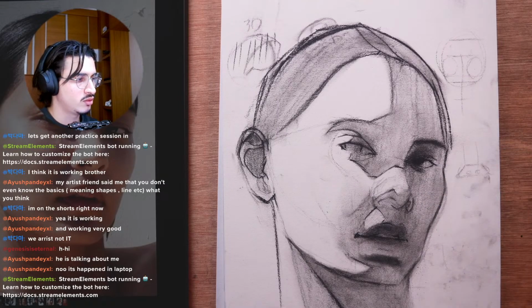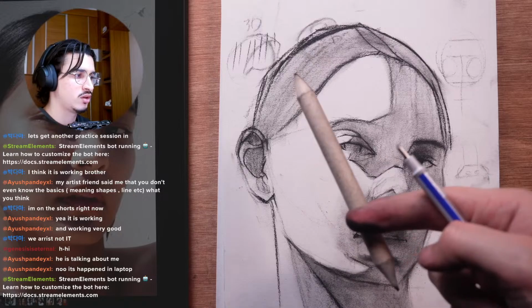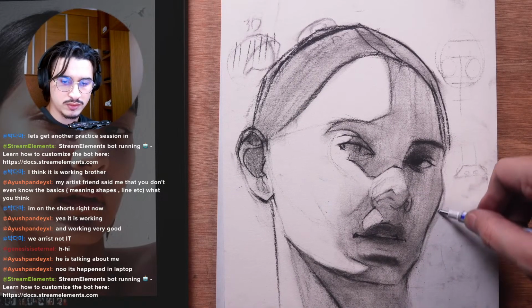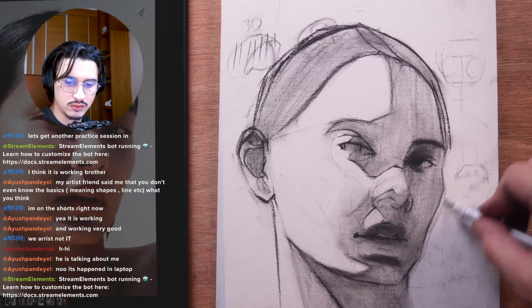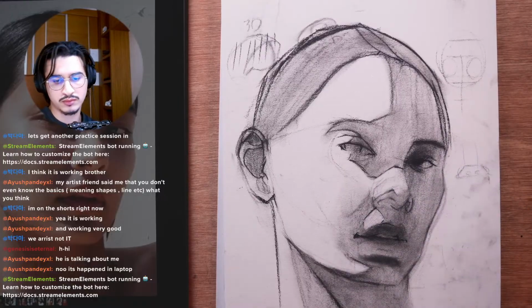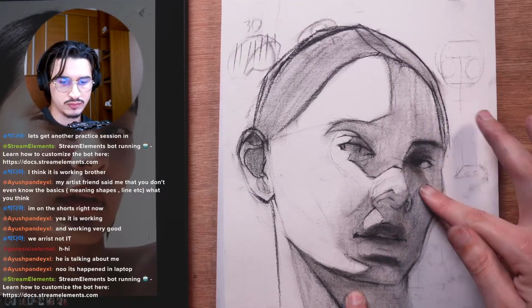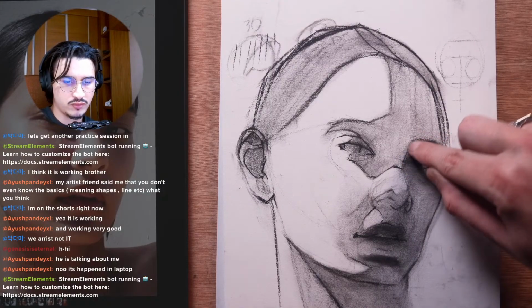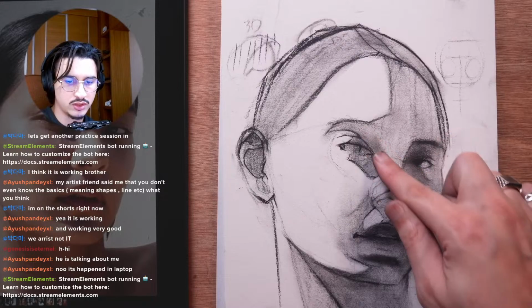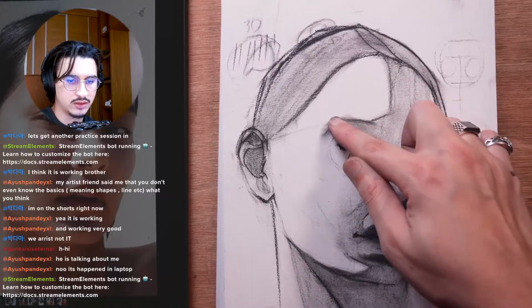One blender. You mean like this one? Well, I don't use it because I don't like the texture that it leaves.